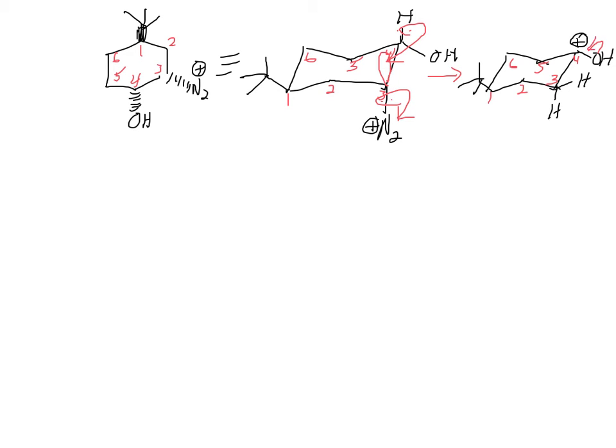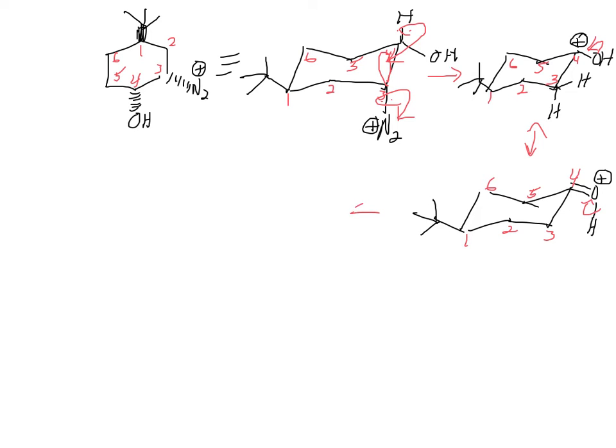Electrons come down to draw that resonance structure with a full octet. The H can just fall off, and we'll get the final product.